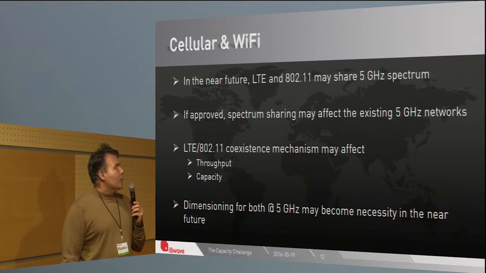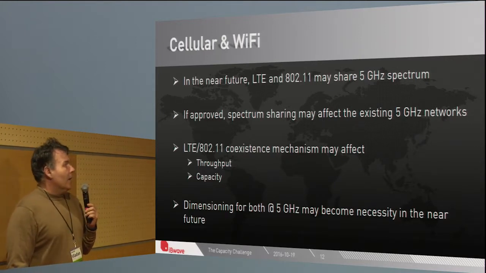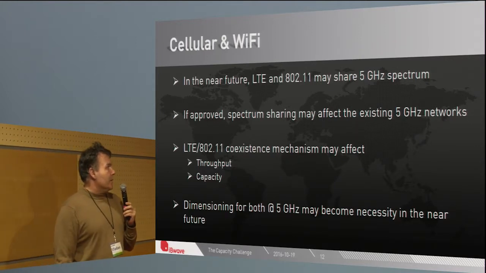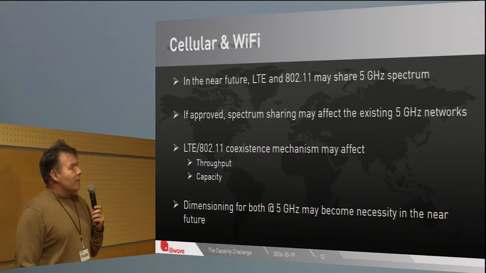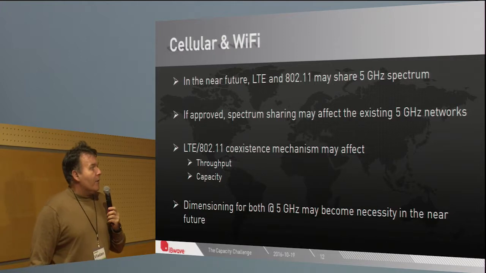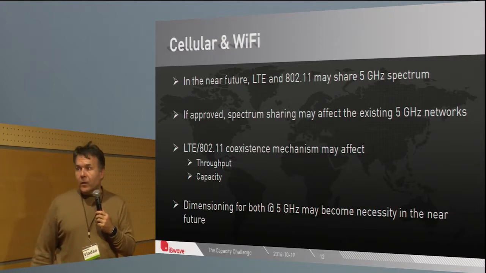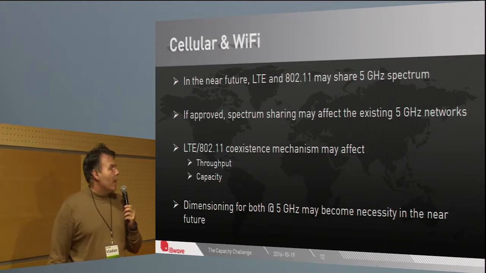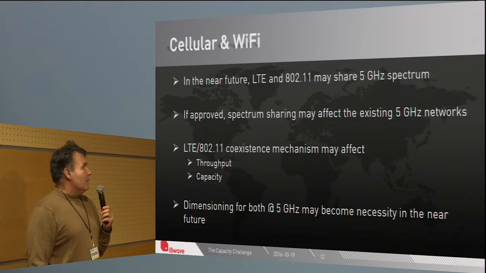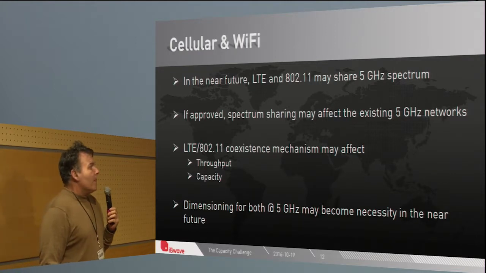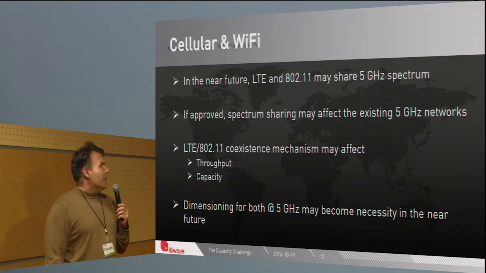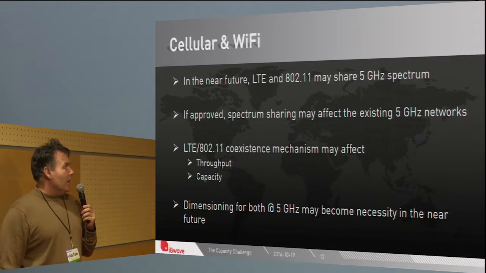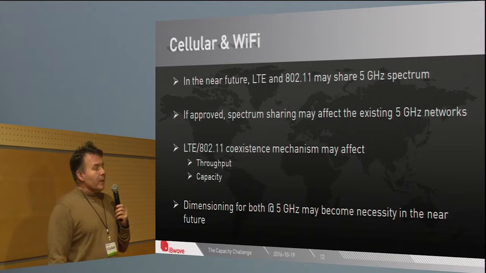Let's say that this is a controversial topic, but going forward, if this spectrum sharing is approved, then it may affect the existing 5 gigahertz Wi-Fi networks. The coexistence mechanism, whether it's LTE-U or LAA LTE, may affect throughput and capacity on Wi-Fi.